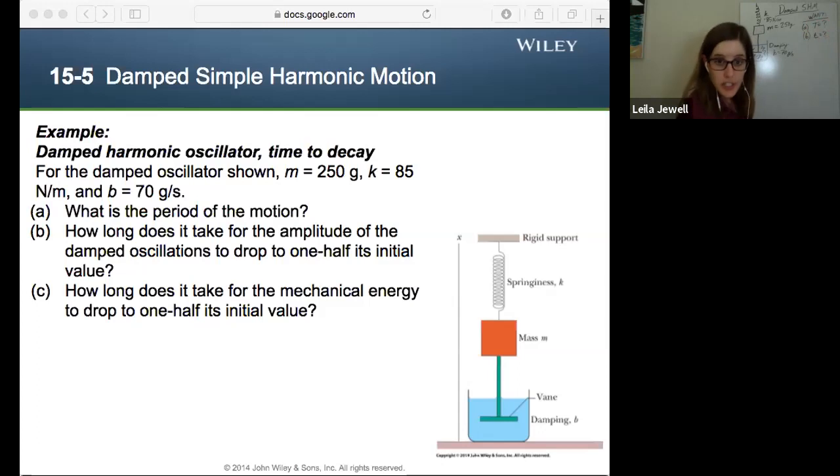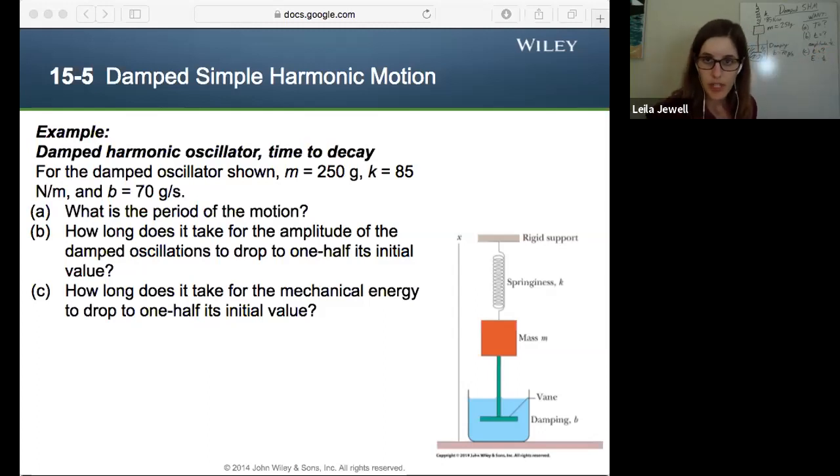But the condition here is for the amplitude to be 1/2 its initial value. So amplitude halved. And then part C is again how long, so it's also asking about time. But now it's about the mechanical energy being halved. So time required for the energy to be 1/2 of its value.